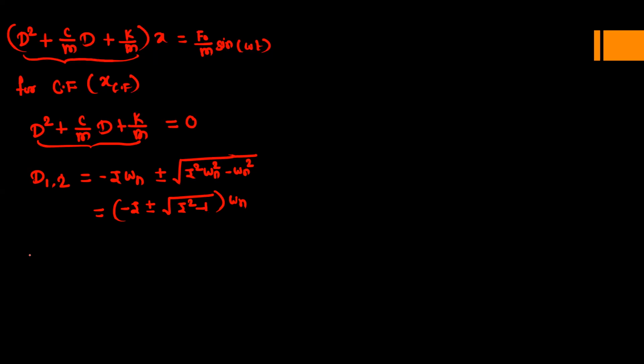And therefore, the complementary function is written as a constant A1 e raised to the first root D1, which is minus zeta plus square root of zeta square minus 1 into omega n into t, plus the constant A2 e raised to the second root D2, which is minus zeta minus square root of zeta square minus 1 into omega n t.